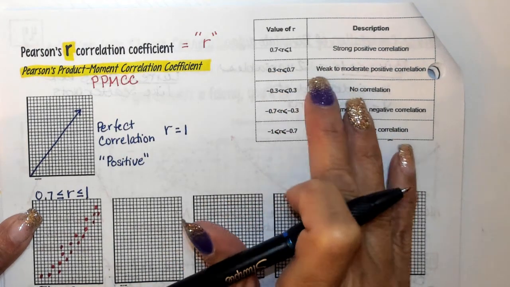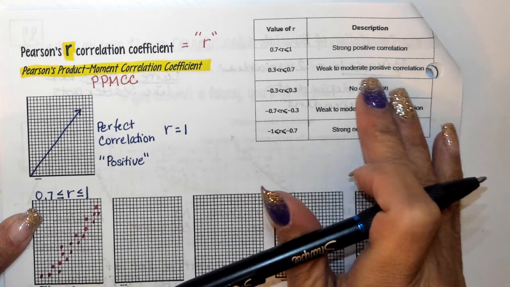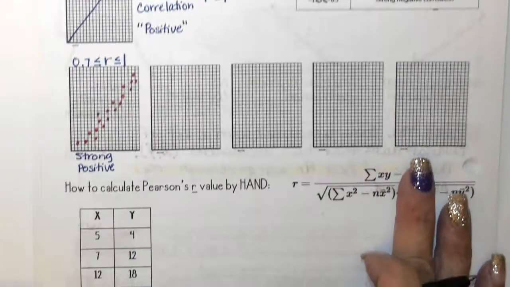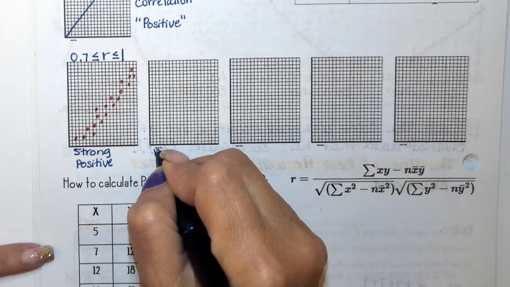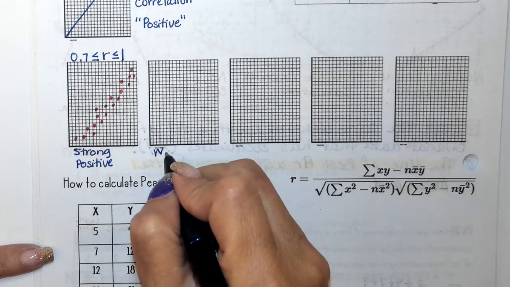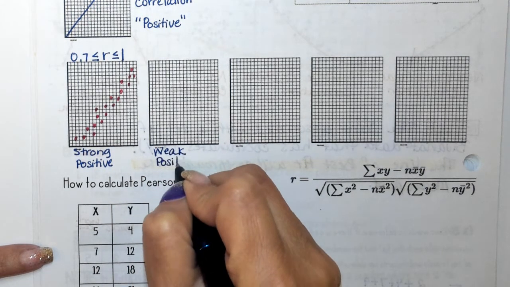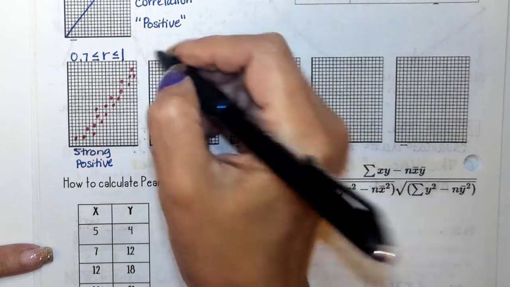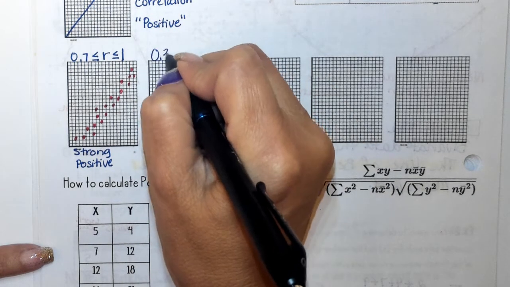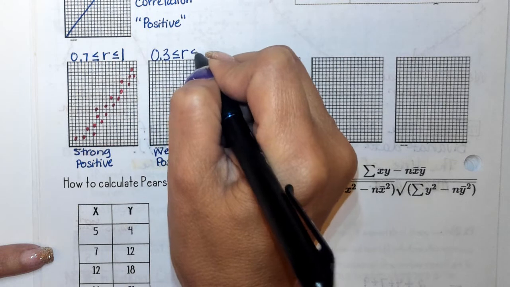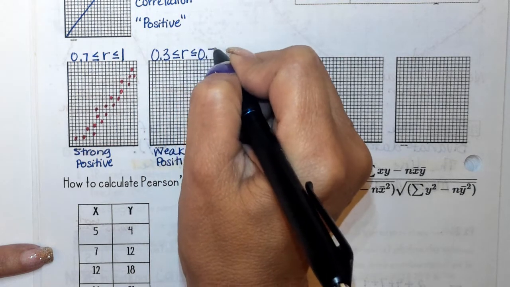Now, what happens if we have a weak to moderate positive correlation? So we're going to call this a weak positive correlation. This is going to go from 0.3 less than or equal to R less than or equal to 0.7.